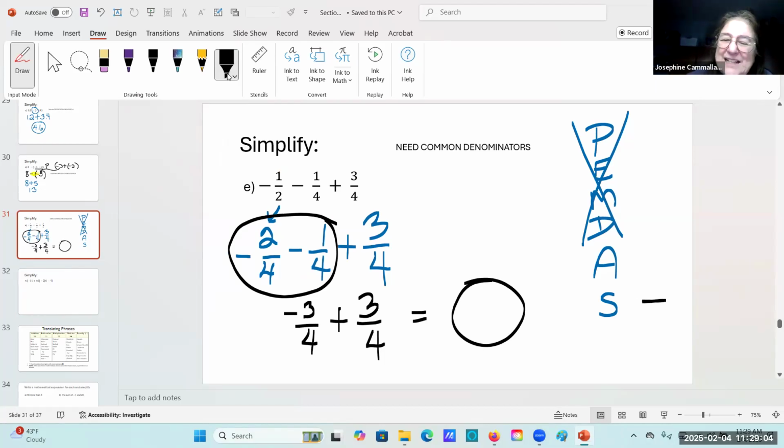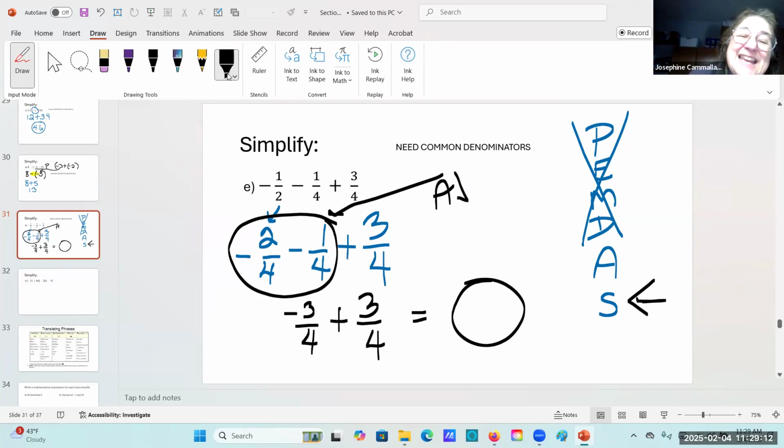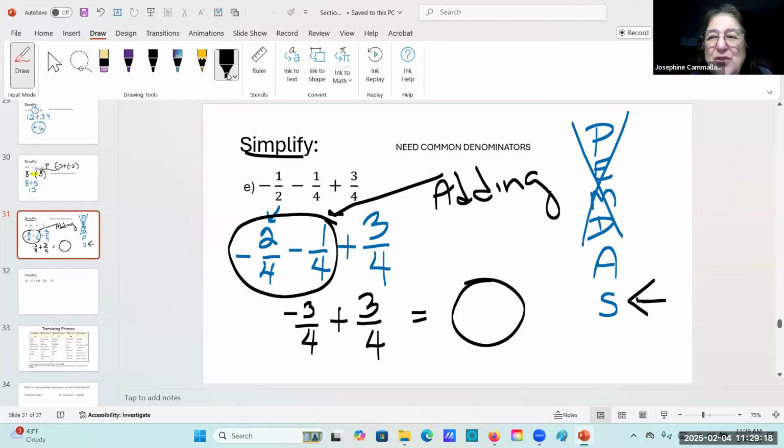I subtract first, but even though it's subtract, I'm adding two negative numbers, and that's why the instructions say simplify. You've got to know the rules of how to add and subtract positive and negative numbers.